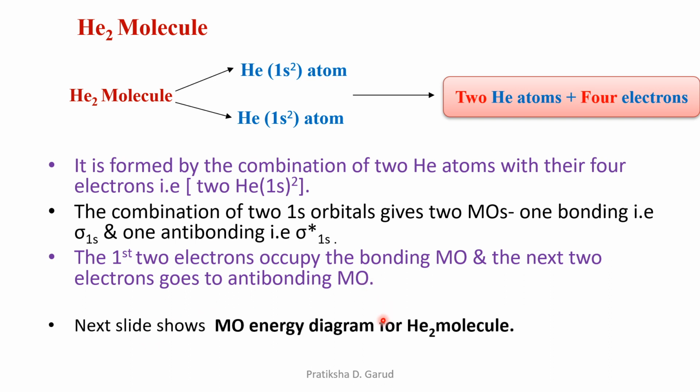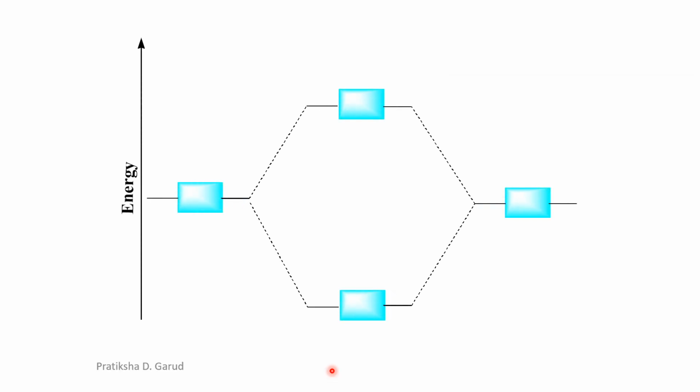So let us see the MO energy level diagram for the He2 molecule. This is the outline of the MO energy level diagram. To the sides are the atomic orbitals, at the center the molecular orbitals. At one side we have the atomic orbital of the first atom, and at the other side we have the atomic orbital of the second. While at the center we have the molecular orbitals.